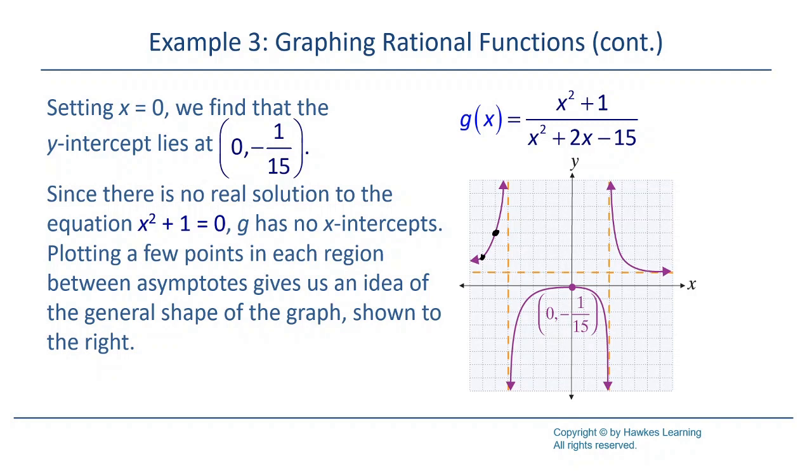Now, to figure out if the function crosses, because this is something we didn't talk about, how do I know if it crosses the horizontal asymptote? Well, you set the function equal to it. So does x squared plus 1 over x squared plus 2x minus 15 equal 1?